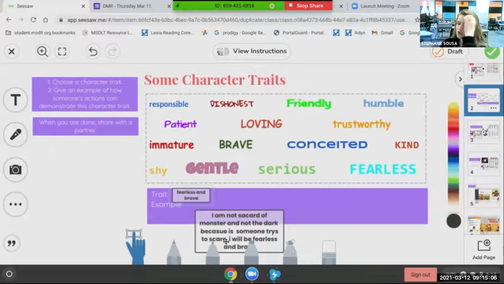Okay, so those are two examples of things that people are usually scared of, monsters and the dark, and he's saying that he's not afraid of those, so he is fearless, without fear. Wonderful. By the way, monsters are real. Thank you for sharing. All right, anybody else want to share one? I wanted to make sure I gave everybody the opportunity.